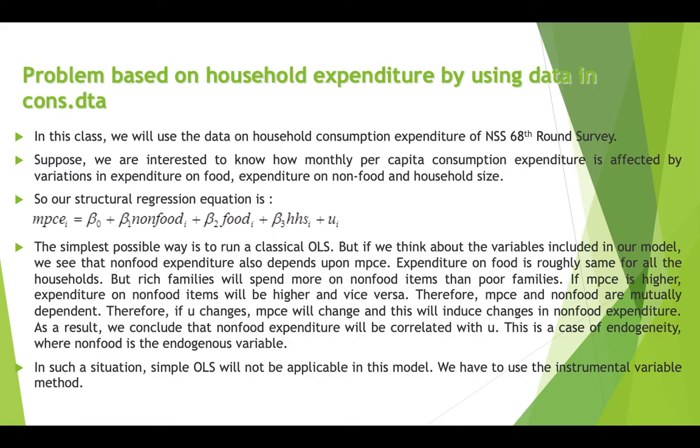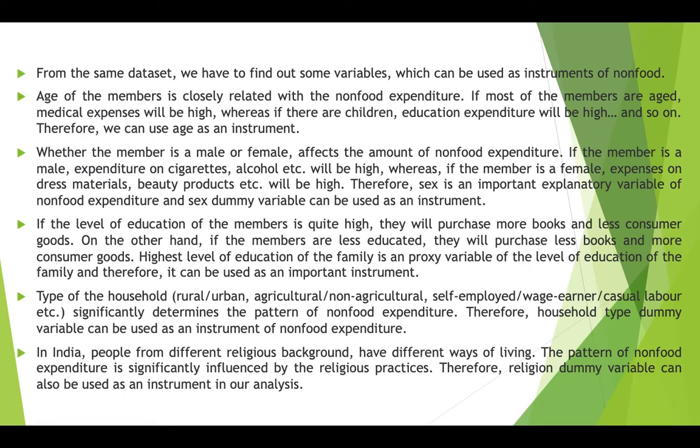So, we can conclude that non-food expenditure and Ui are correlated. Therefore, this is a case of endogeneity where non-food is an endogenous variable. So, simple OLS will not be applicable in this model, and we have to use the instrumental variable method in this case.